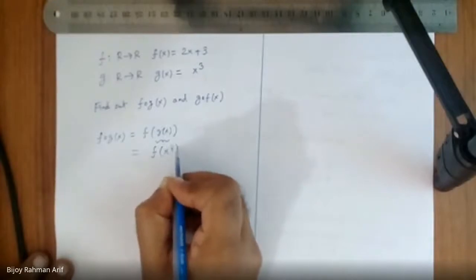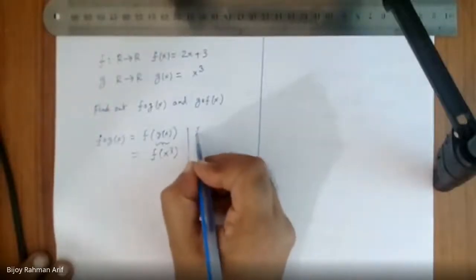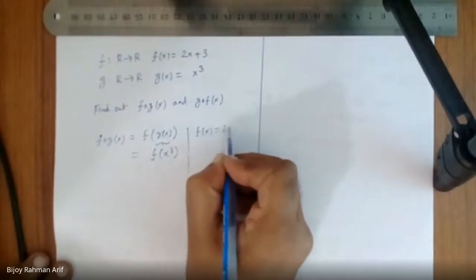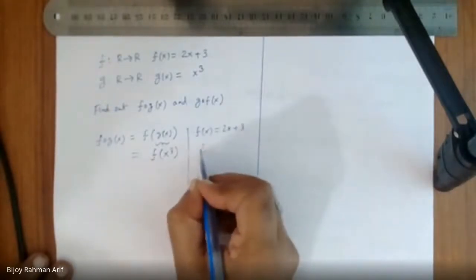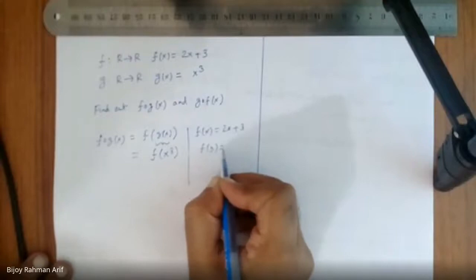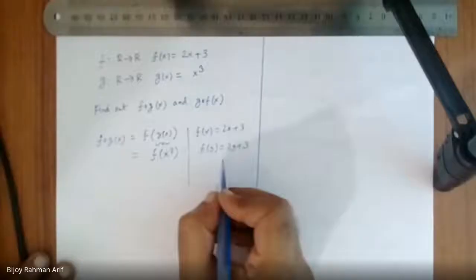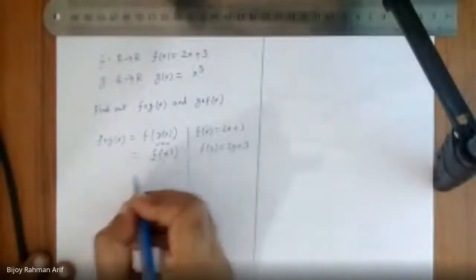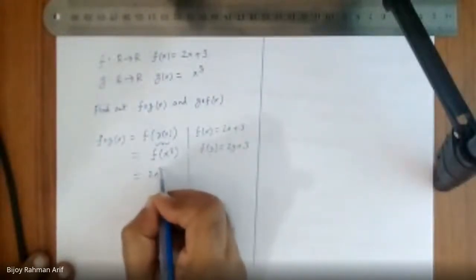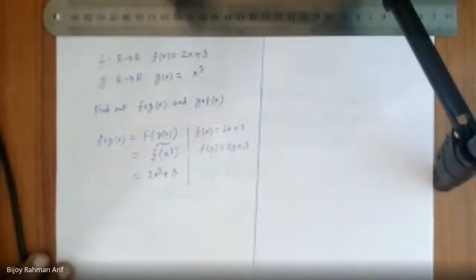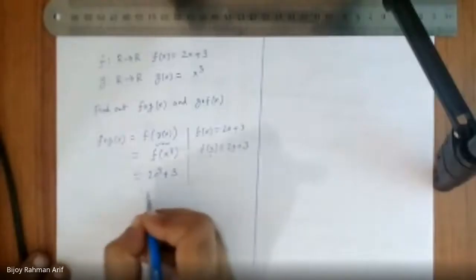It is x cube. Now f of x is equal to twice x plus 3. Or f of y, if we replace x with y, it is twice y plus 3. So instead of y, if we put x cube, we will get 2x cube plus 3.